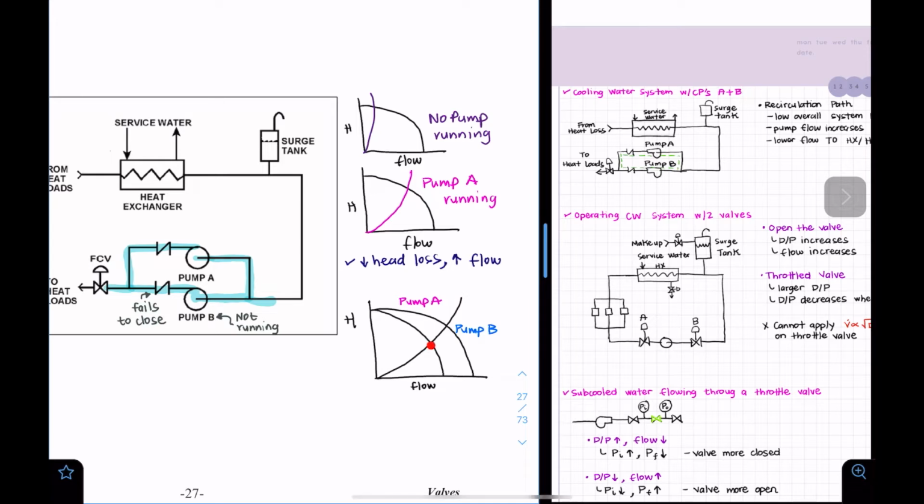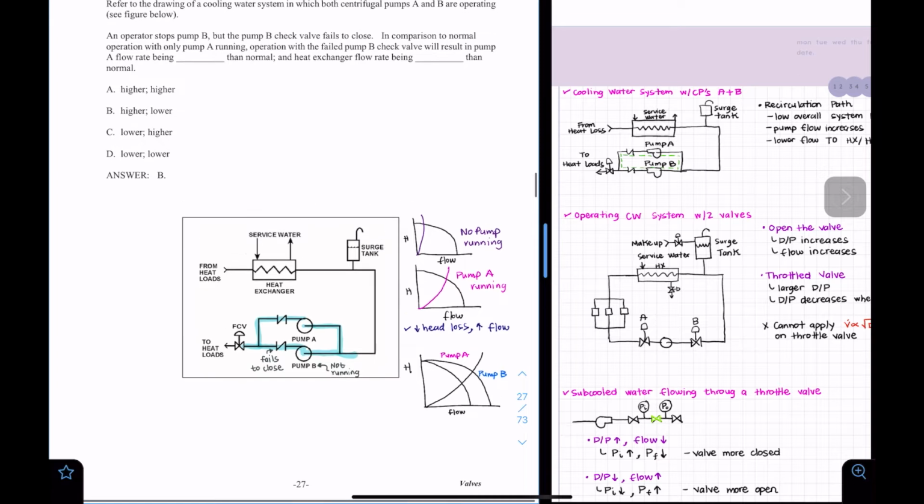In this case, I only have my pump A running, so the problem states that pump B is not running. But it's also telling me that valve B is open.